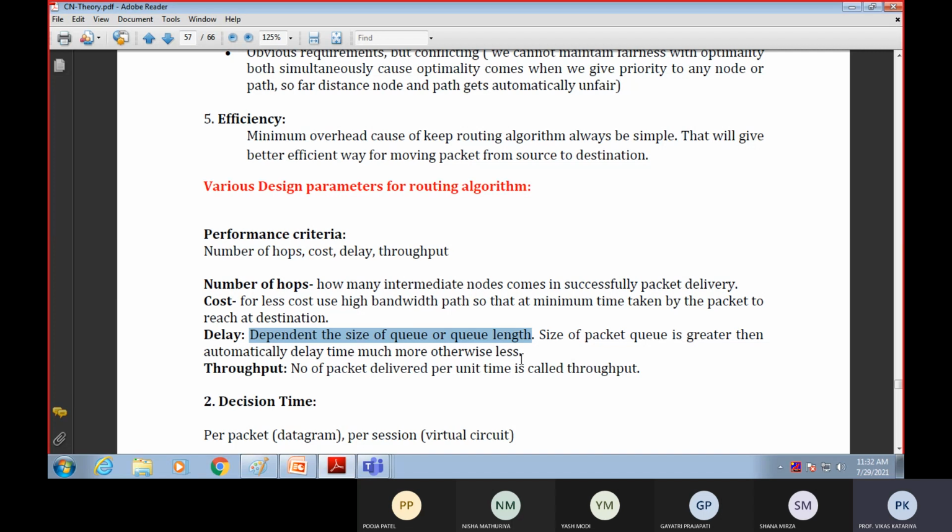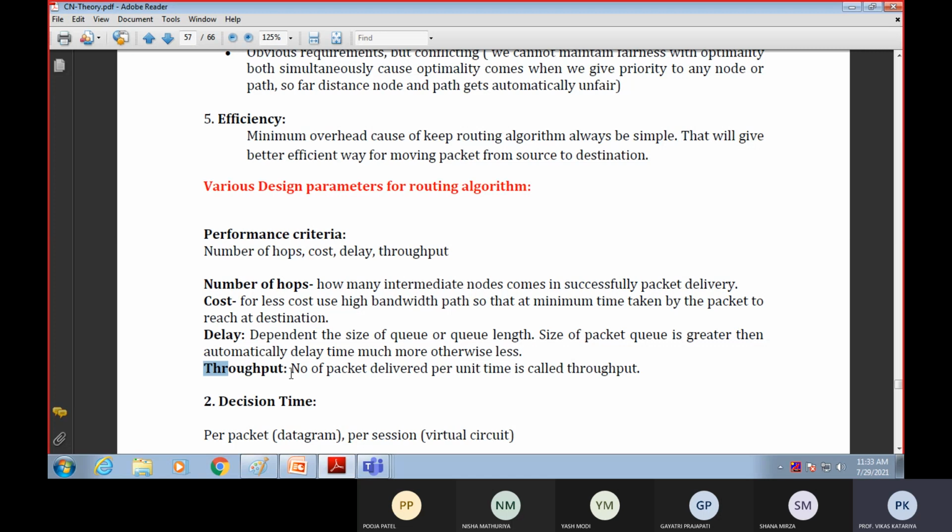If we increase the length of the queue, automatically delay will be greater. So it is dependent on the size of the queue, or queue length. So we have to keep the size of the queue small. Queue length should be less. The size of the queue should be less if you want to find greater performance.